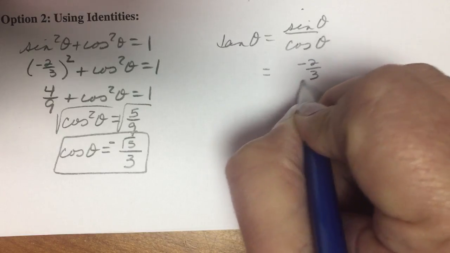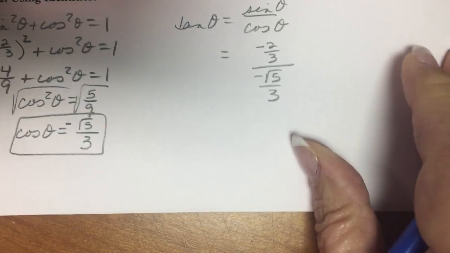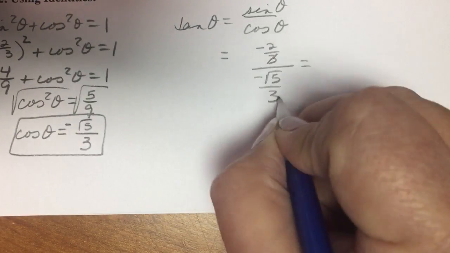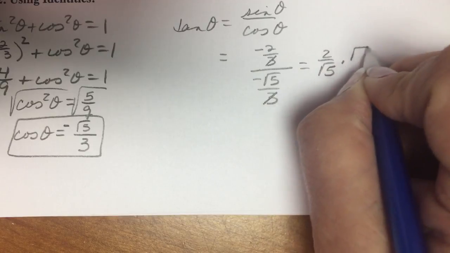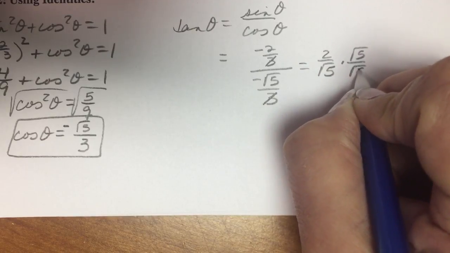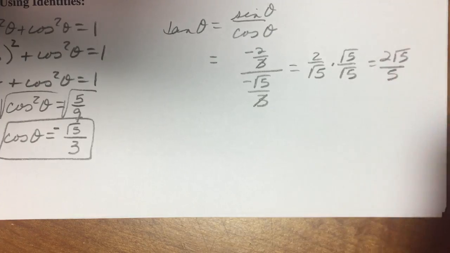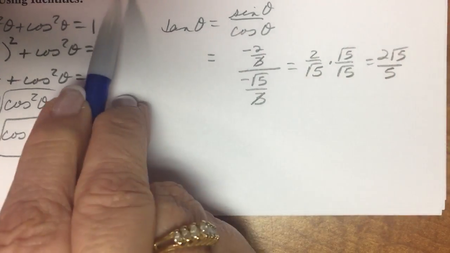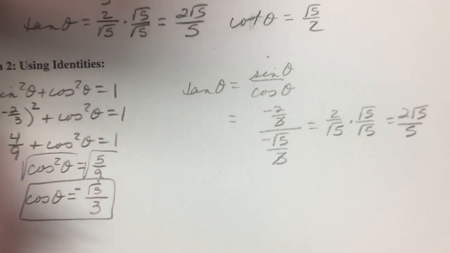Negative 2/3 over negative root 5 over 3. So the 3's cancel. 2 negatives make a positive. Get the radical out of the basement, and you would get 2 root 5 over 5. So that would be your tangent, which is, of course, exactly what I got up there. And then you would just do the reciprocal to find the other ones.